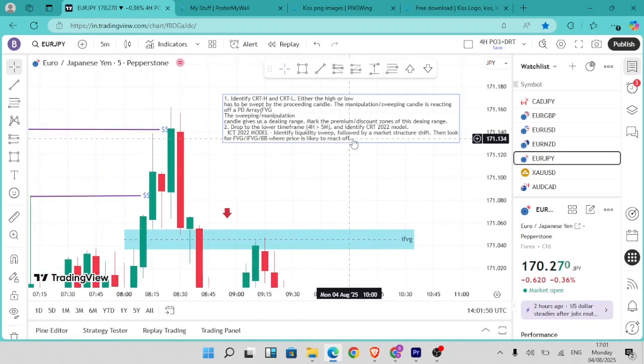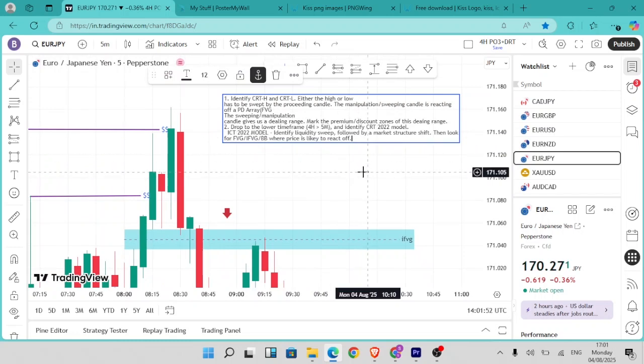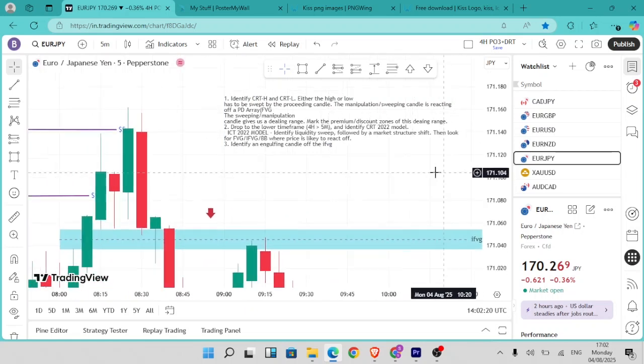But this is not going to be our entry. Instead, we take a step further and identify an engulfing candle of the fair value gap. Now this, in our case, is the inverted fair value gap.